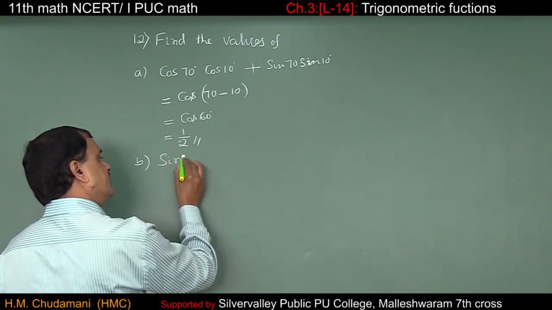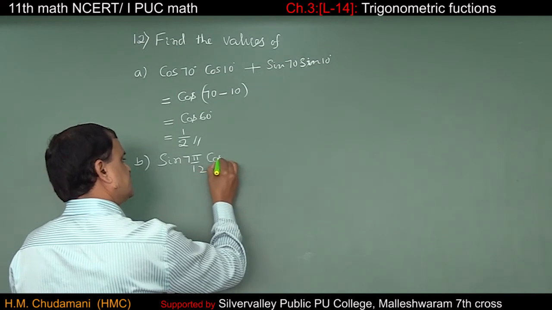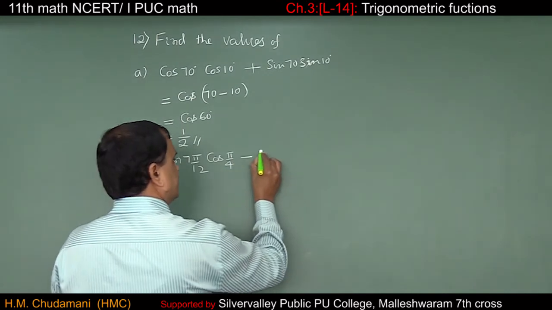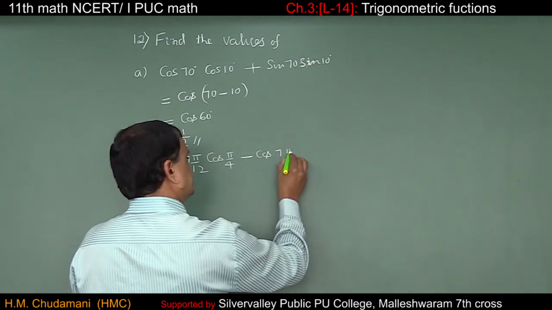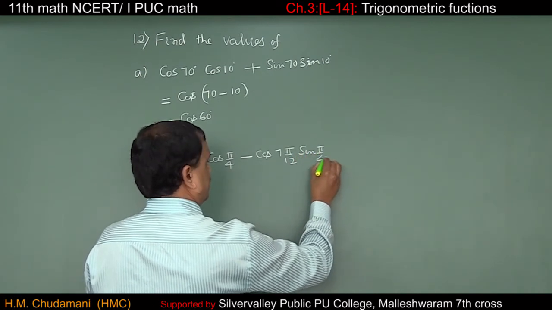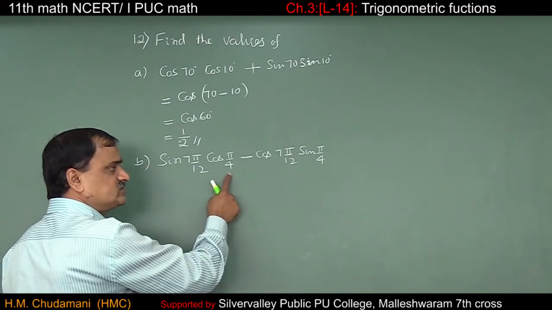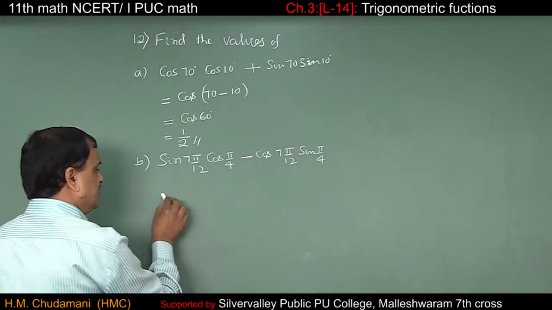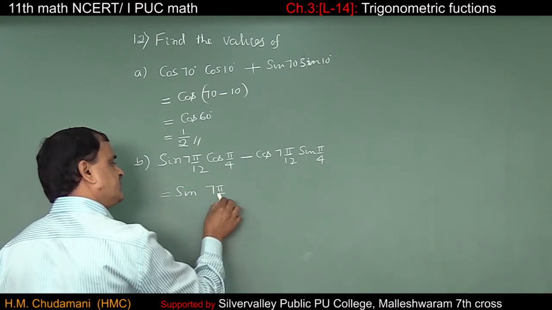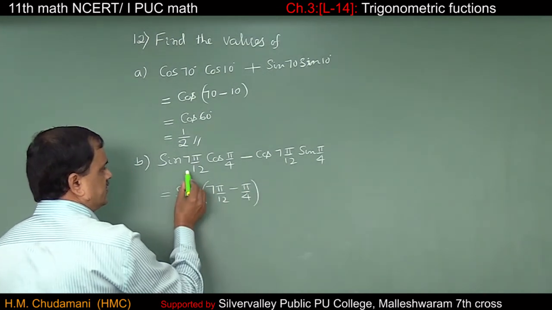Another one, B: sin 7π/12 into cos π/4 minus cos 7π/12 into sin π/4. This is of the form sin A cos B minus cos A sin B, which is sin of A minus B. Look at this.